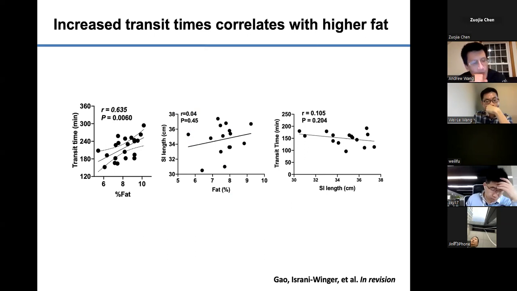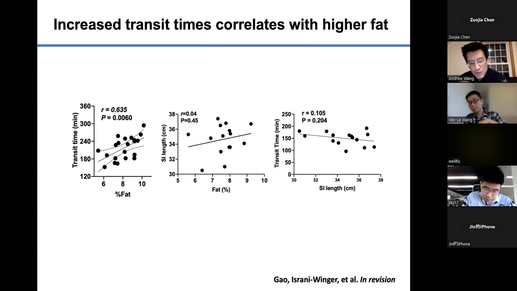And in the end, what we found was that transit time, so the amount of time that food stays in the gut, was one characteristic of the host that seemed to be correlated with the percent body fat, so that mice that kept food in their GI tract for longer ended up being slightly fatter, which makes sense in calorimetry studies looking at the amount of extraction of nutrients from the stool.